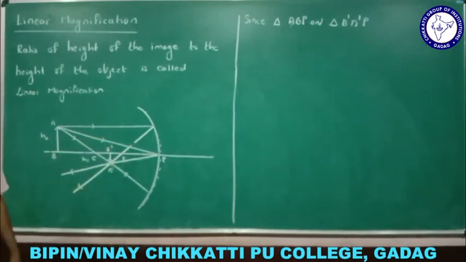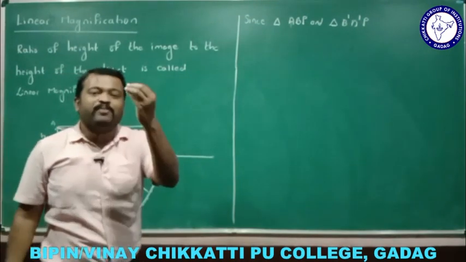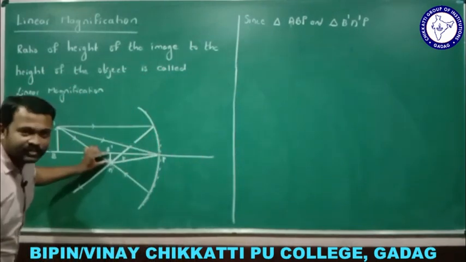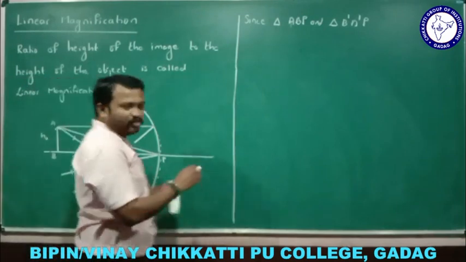We know linear magnification is the height of the image divided by the height of the object. This is the height of the image, B dash A dash.